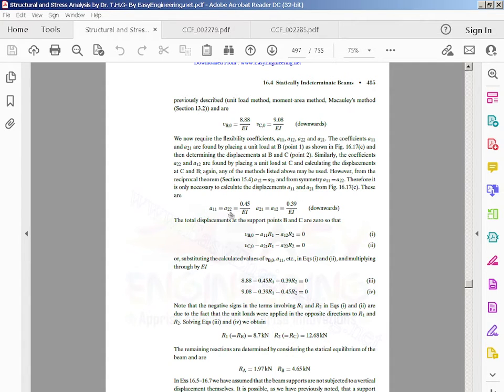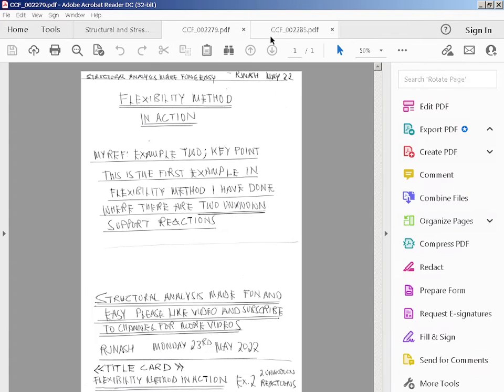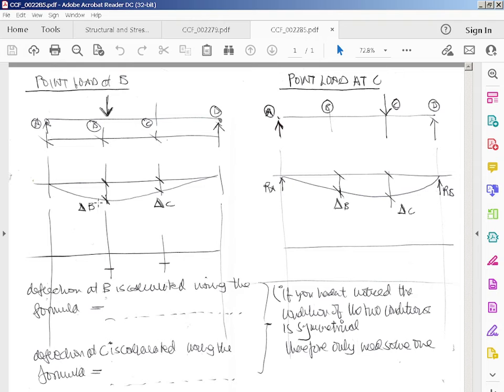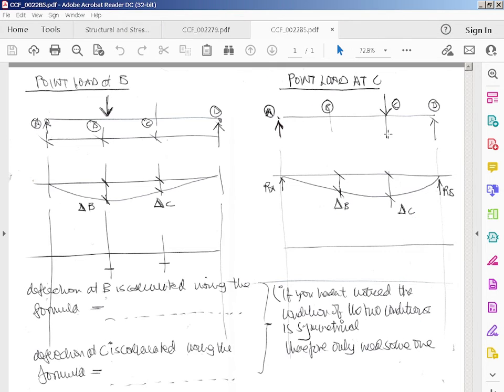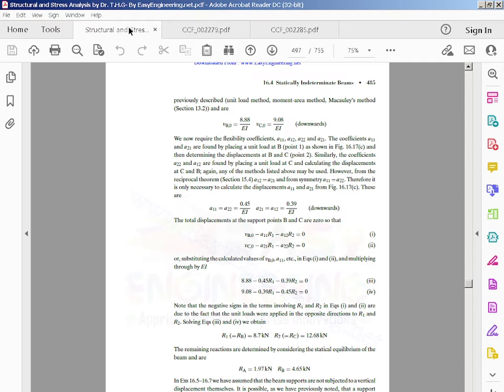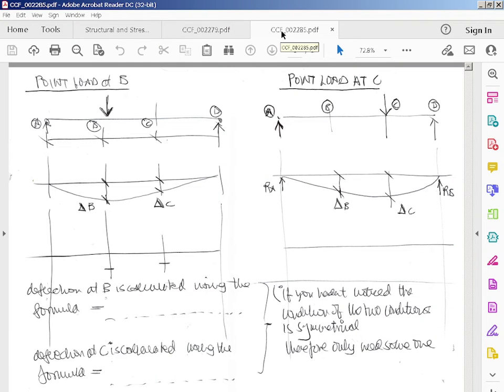These are A11 equals A22 equals 0.45 over EI. So that's the deflection at B when you've got a point load at B, and the deflection at C when you've got a point load at C.